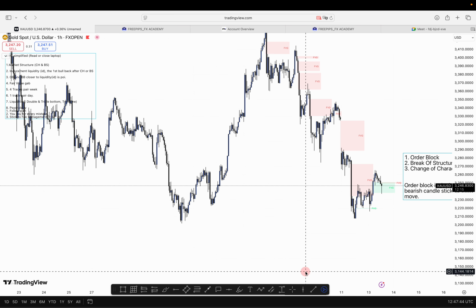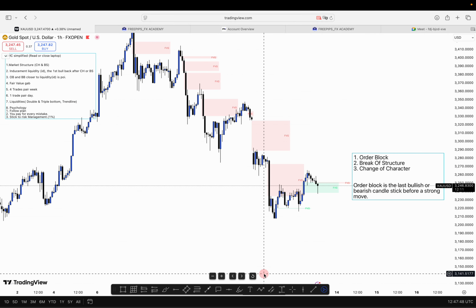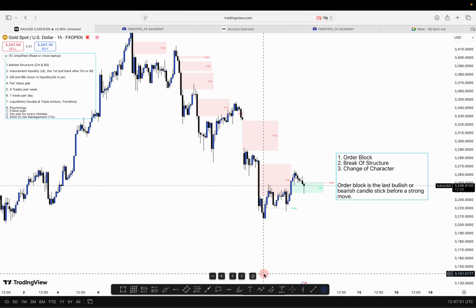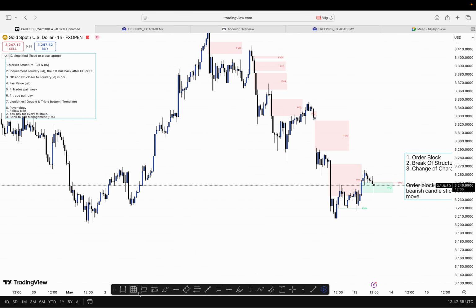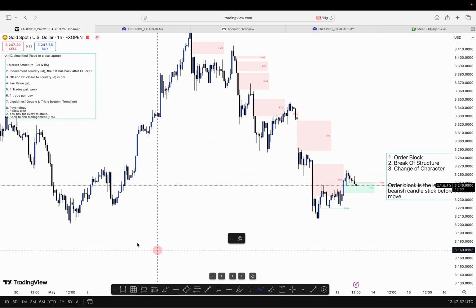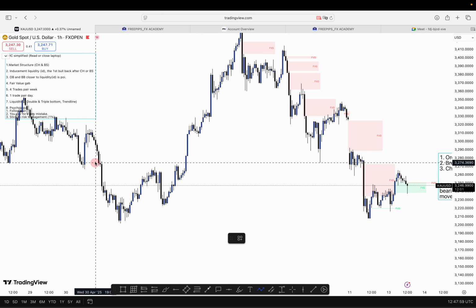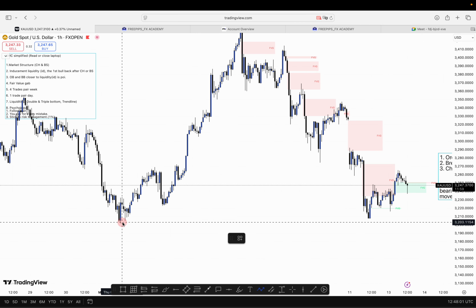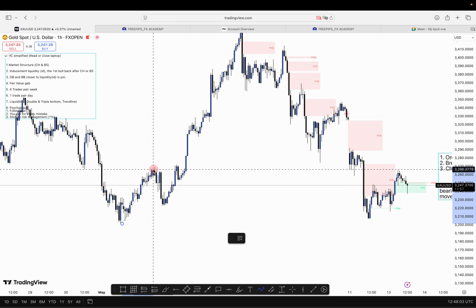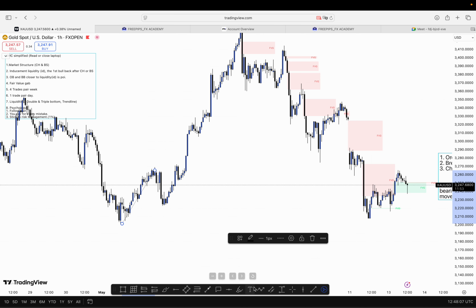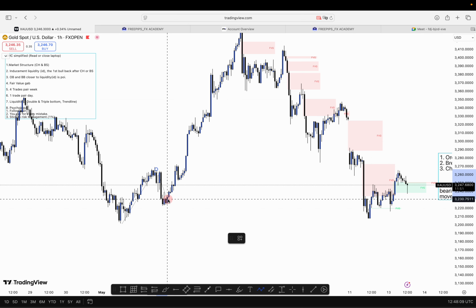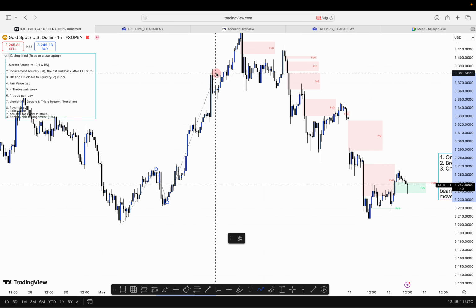After this move, from when price was trending down from this area, it dropped to this area and then moved up again.